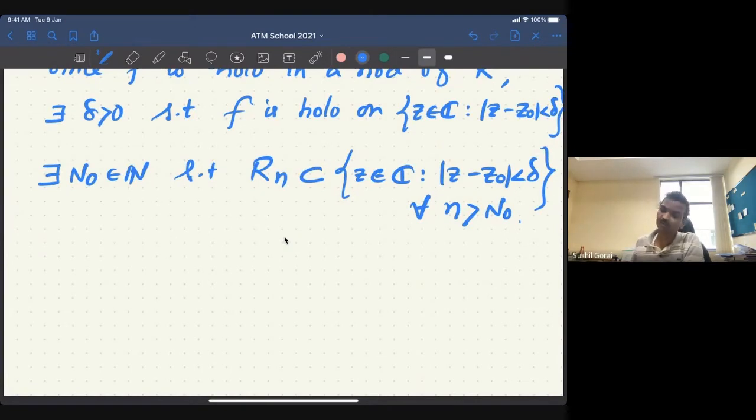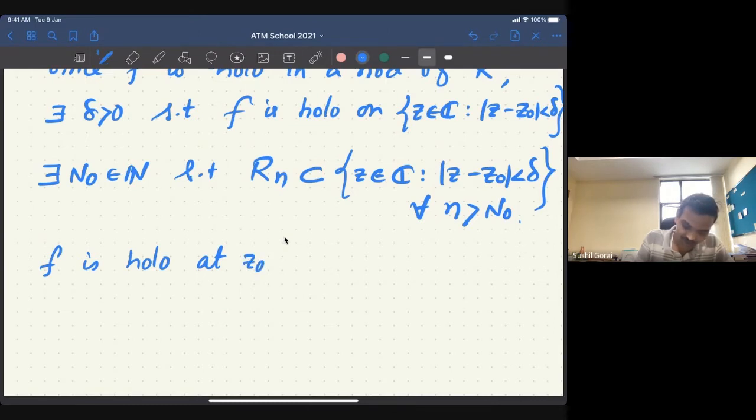Now we'll use holomorphicity and a little bit of estimate of holomorphicity. So f is holomorphic at z naught, or in a neighborhood of z naught, right?